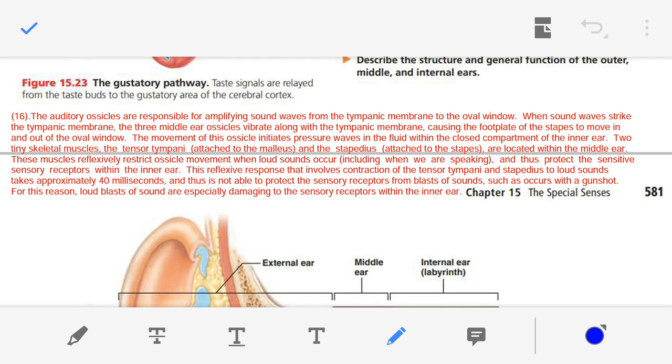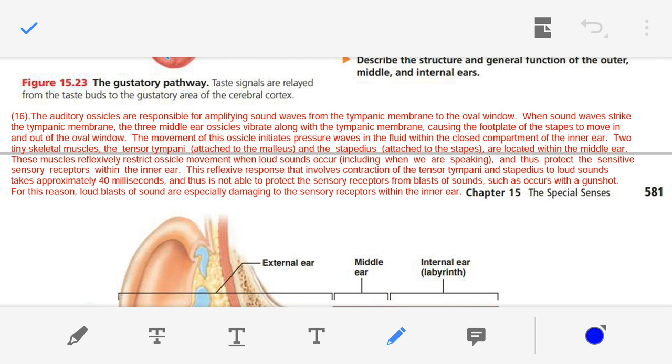Now imagine a situation when we come across a loud sound and these muscles are not there. Due to the loud sound, the ear ossicles will move very rapidly. This rapid movement of the ossicles will produce high pressure in the fluid of the internal ear.